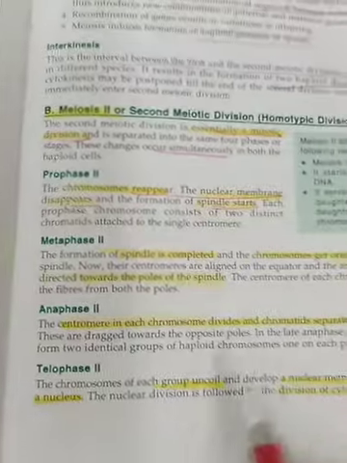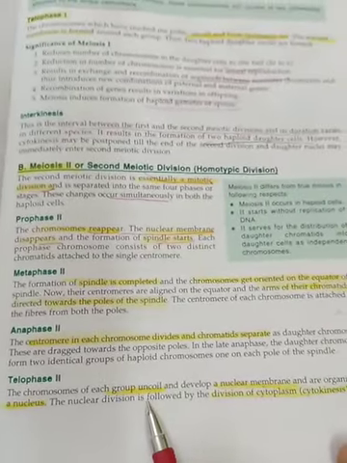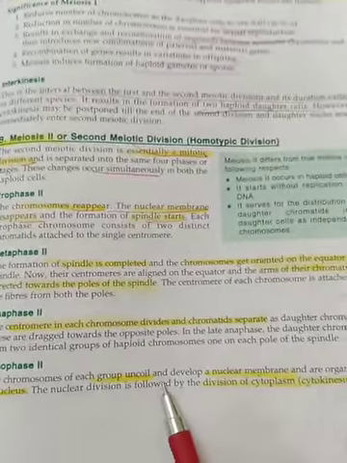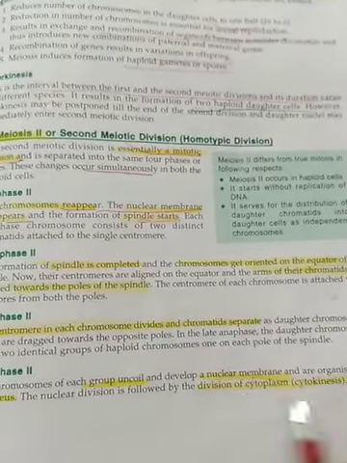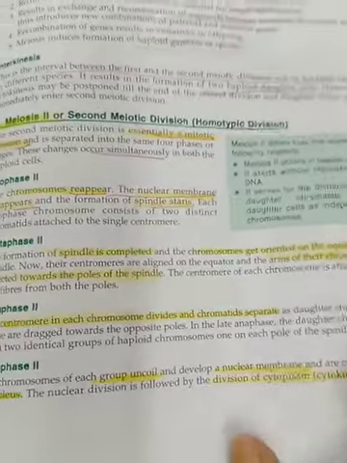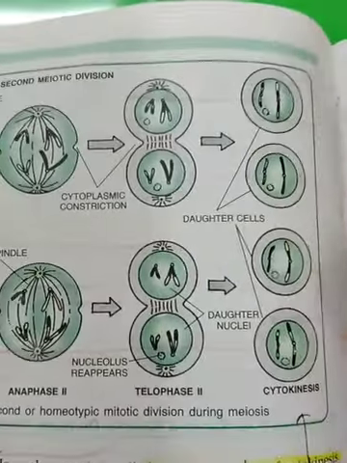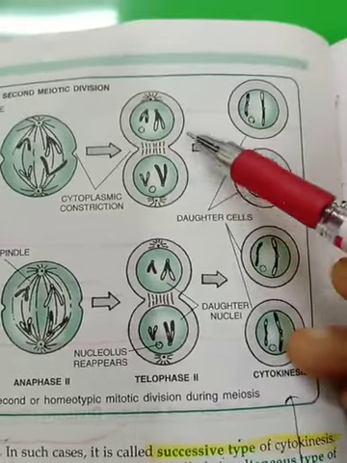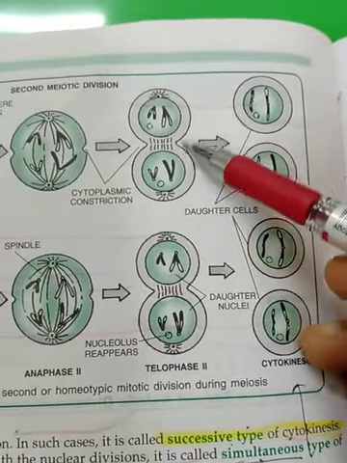Coming next to the stage, what is telophase? The chromosomes of each group uncoil and develop a nuclear membrane, organized into a nucleus, and this is followed by cytokinesis. Finally, reaching telophase, children, the further division is the same. If it is an animal cell, division is by furrow formation.